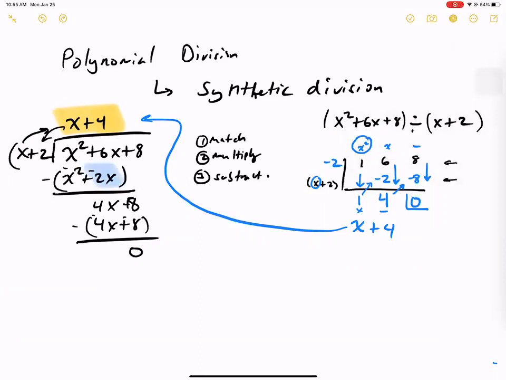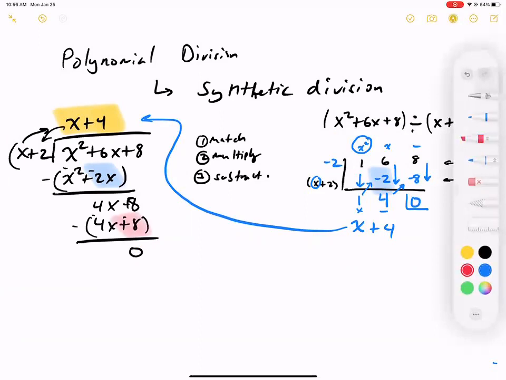See this negative 2? That's as negative 2. See the negative 8? That's as negative 8. Our final answer is 1 and 4. So synthetic division is really long division.